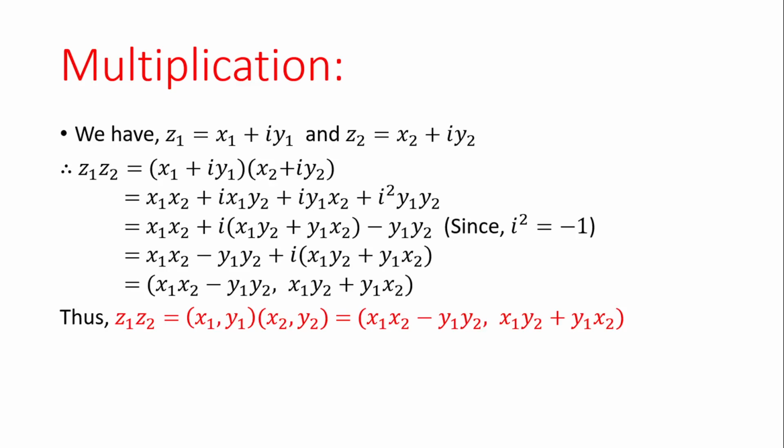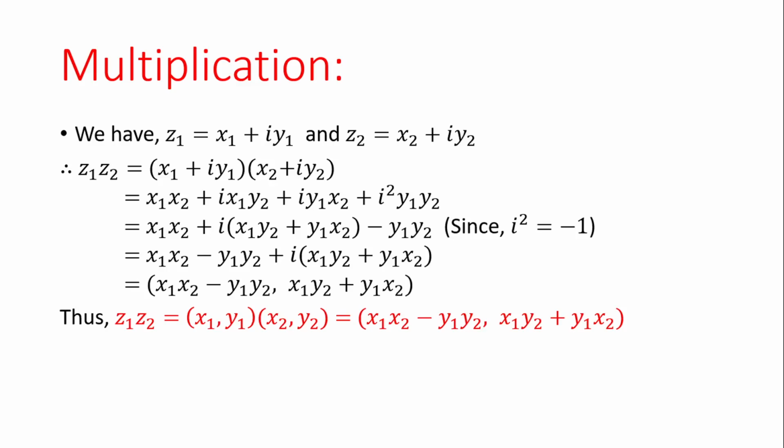In terms of ordered pair, we can write X1 X2 minus Y1 Y2 comma X1 Y2 plus Y1 X2 as the product of the numbers Z1 and Z2. So this is about multiplication.